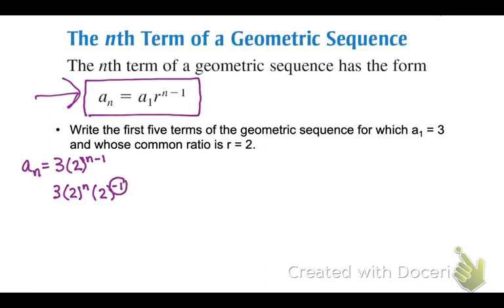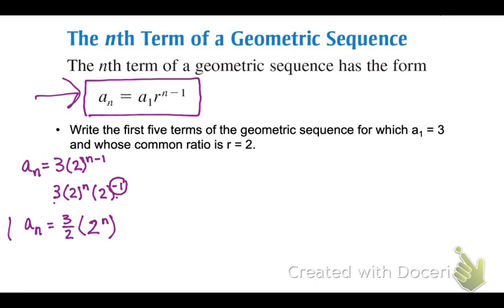So it would be a sub n equals 3/2 times 2 to the n. And where did I get the 3/2 from? 1/2 times 3, or just moving this to the denominator.